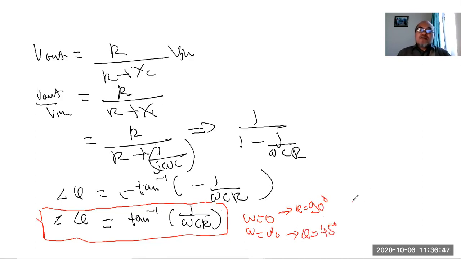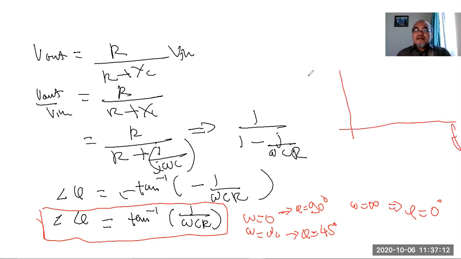Then when omega equals infinity, this value equals 0, arctangent 0 is 0 degrees. The phase change equals 0 degrees. So that is the phase change of a high pass filter. If we draw the phase change, it is the inverse or the opposite of the low pass filter.